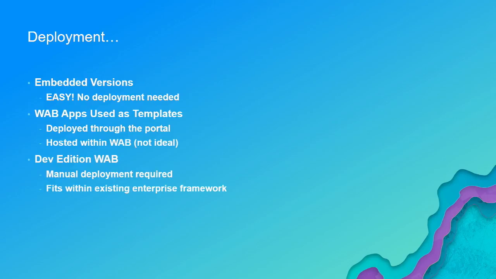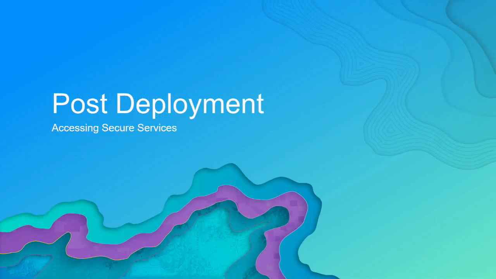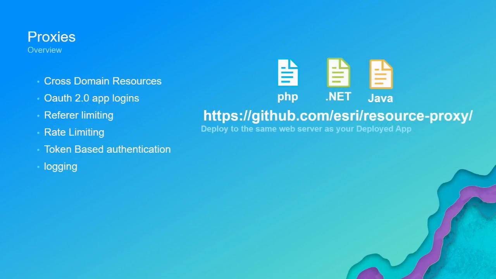Okay, I think we're almost there. I did want to show the use of proxies. These always come up, and we're working with proxies almost every day. Has everybody gone and used the proxy on GitHub? Yeah.